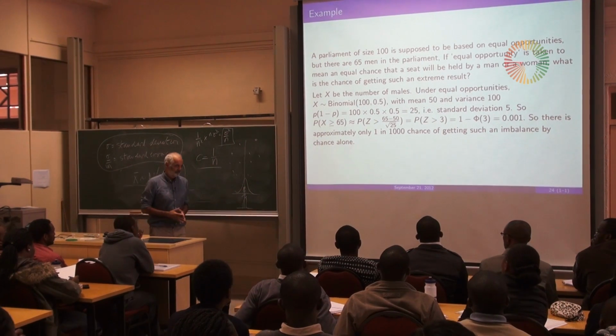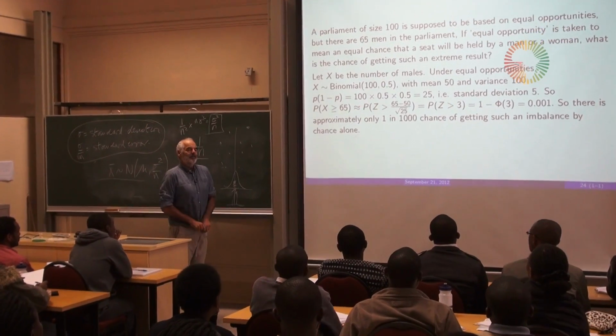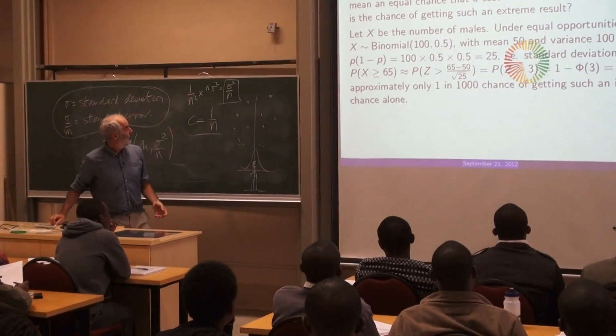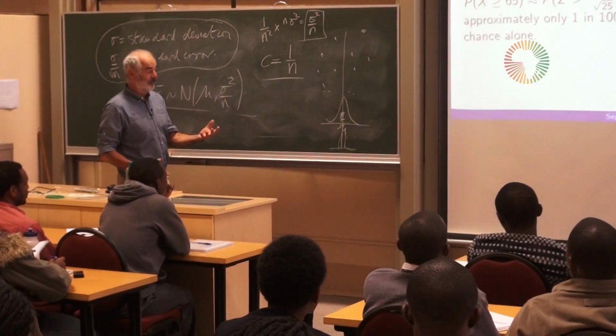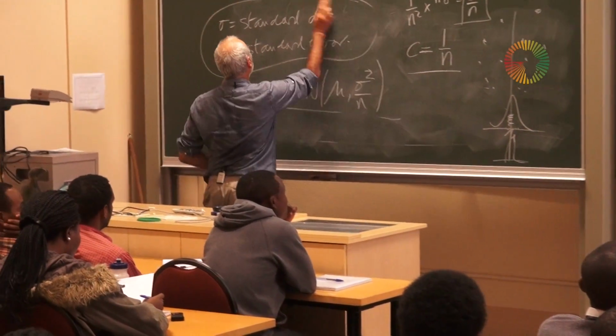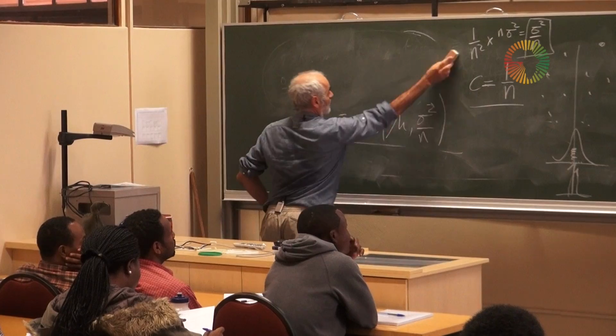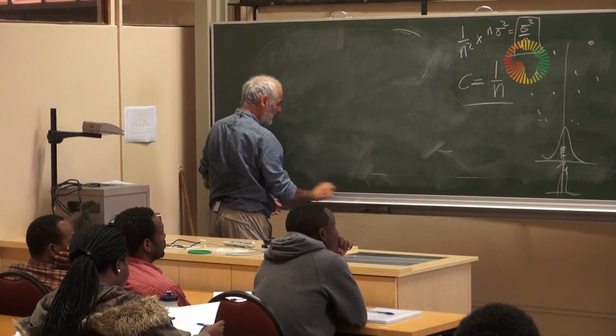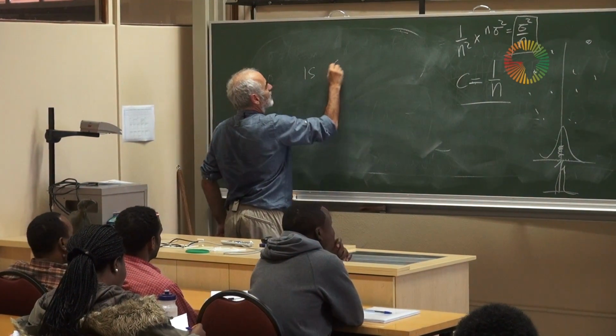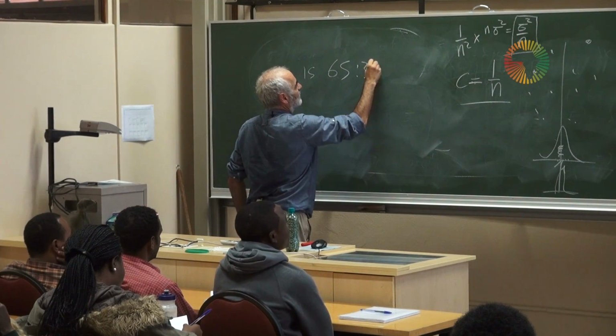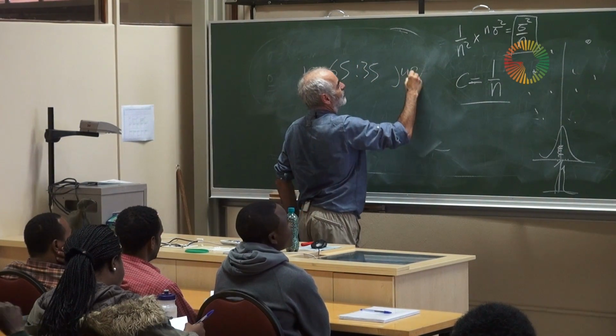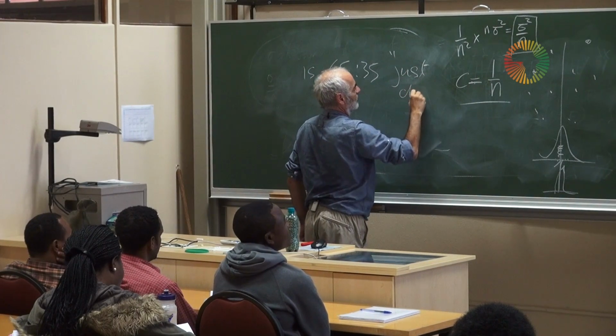Is it reasonable to think that 65 to 35 is just chance? And this is the kind of thing that people get asked quite a lot.